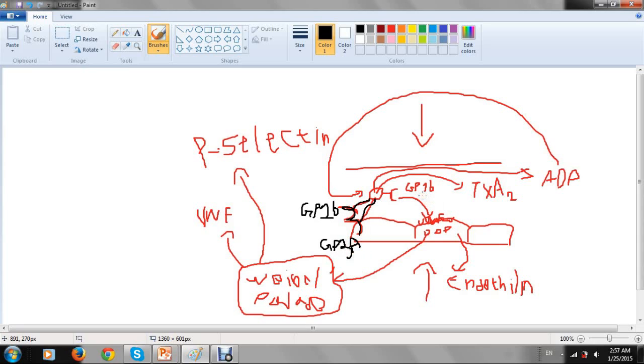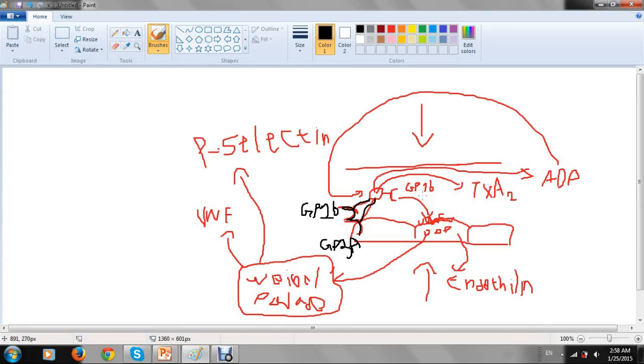So again, this process is called platelet degranulation, and basically the connection of von Willebrand factor to GP1B receptor on the platelet will cause the platelets to degranulate, and this degranulation will release thromboxane A2, which promotes platelet aggregation, and also ADP, which auto-stimulates the platelets themselves and helps them to express GP2B and GP3A receptors.